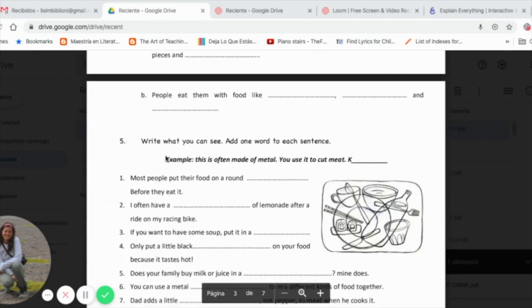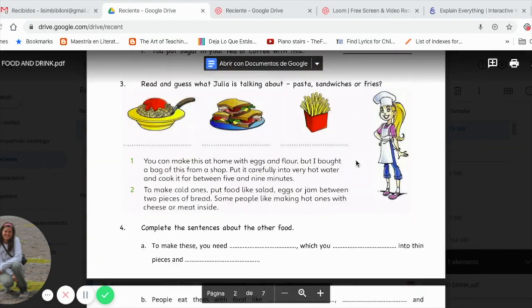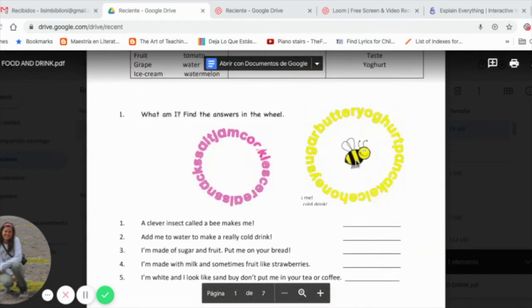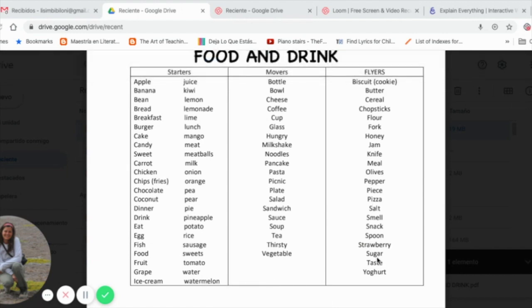Activity number 5. What can you see? What can you see here in the picture? You have to read the sentences and we're going to complete with some of these words. Remember that if you don't remember how to write some of these words, we go back to the beginning because all the words that you need are here, or maybe some of them are here.